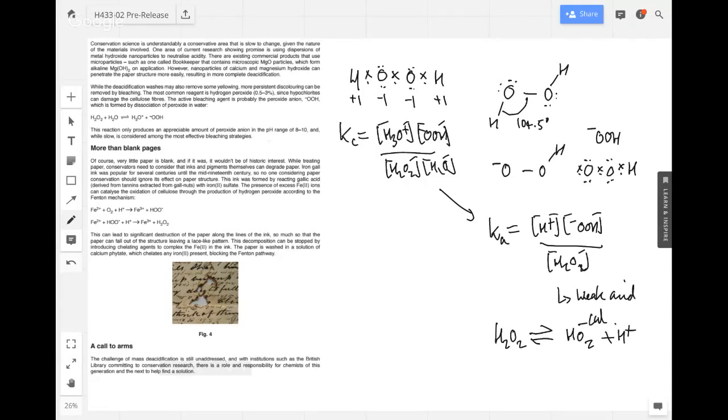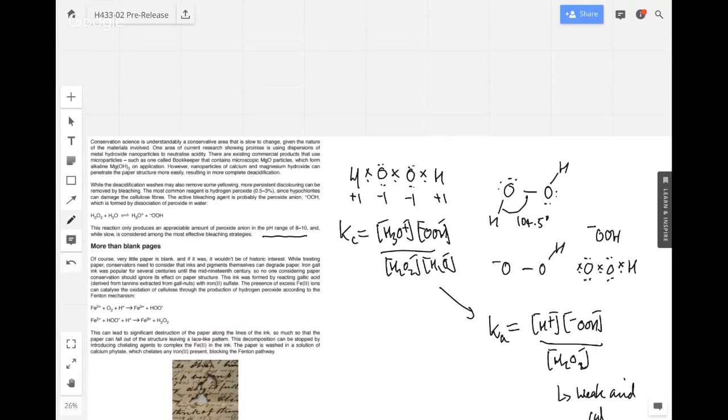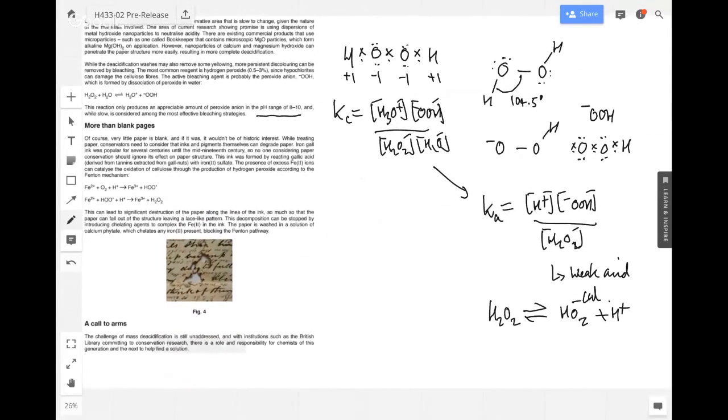So there's this bit here, which is really important, and I think is a gift for a potential question. It says the reaction only produces an appreciable amount of peroxide ions in the pH range 8 to 10. So this is all about the position of the equilibria.